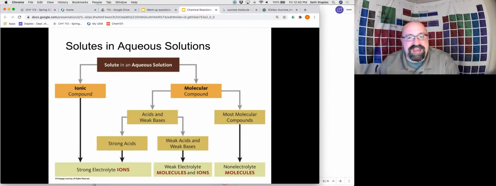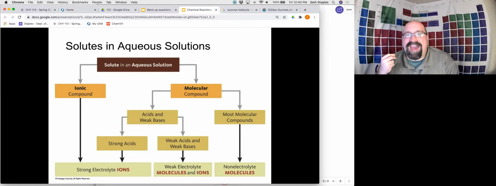The way that you would tell is if you have a molecular compound that's an acid or a base, and we'll talk about how we tell acids and bases in another lecture. If it's a strong acid, it's going to be a strong electrolyte. If it's a strong base, it's going to be a strong electrolyte as well. Weak acids and weak bases form weak electrolytes.